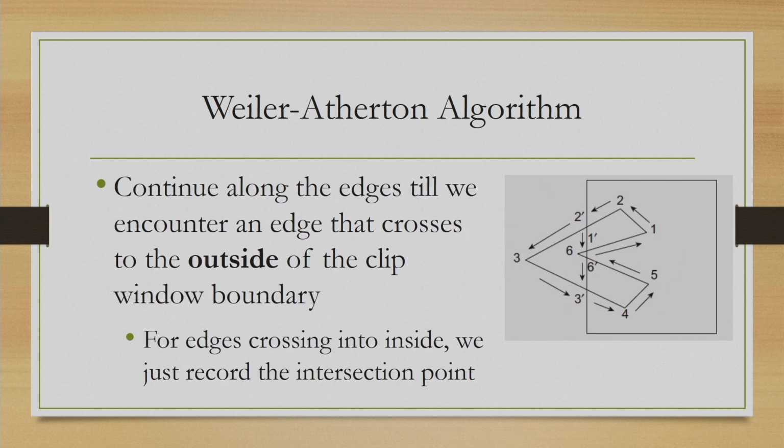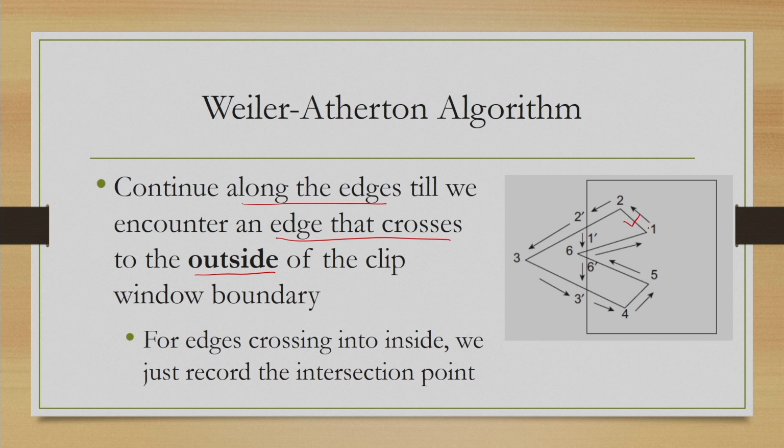So, what do we do in the processing? We check the edges one by one, continuing along the edges till we encounter an edge that crosses to the outside of the clip window boundary. Let us start with this edge 1 2. We check whether it crosses the window boundary or not.